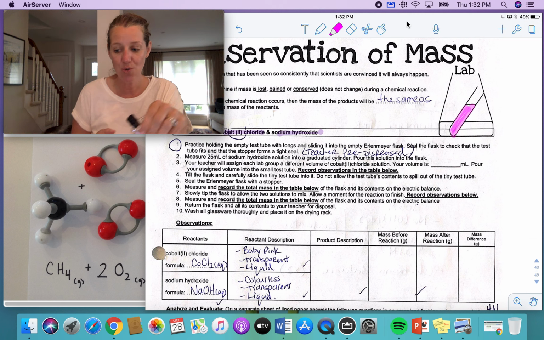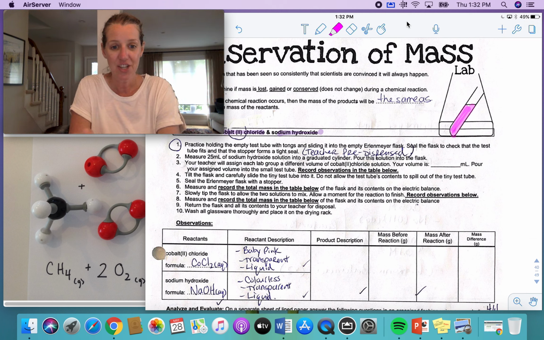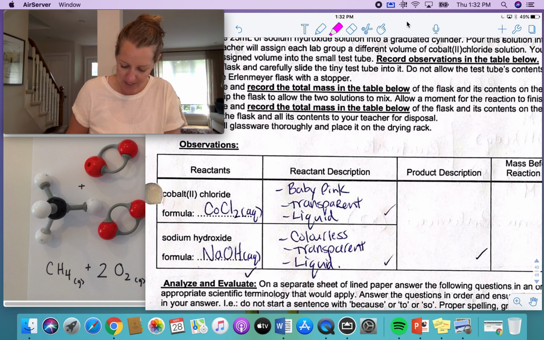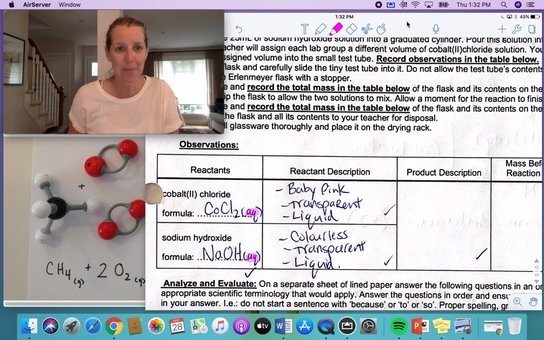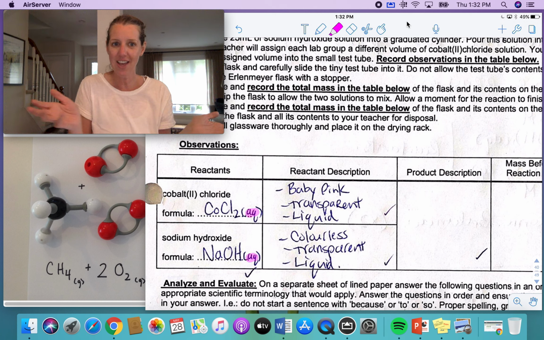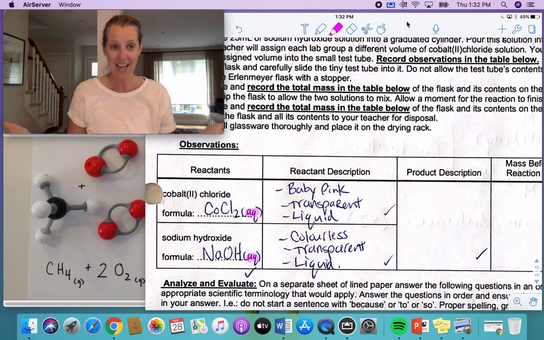When you look at a solution of sodium hydroxide, how do I know these are solutions? Because you can see that I've written that aq right beside them. I would buy cobalt chloride in a container as a solid, and I add water to it. Water is not going to react with any of the reactants or the products.